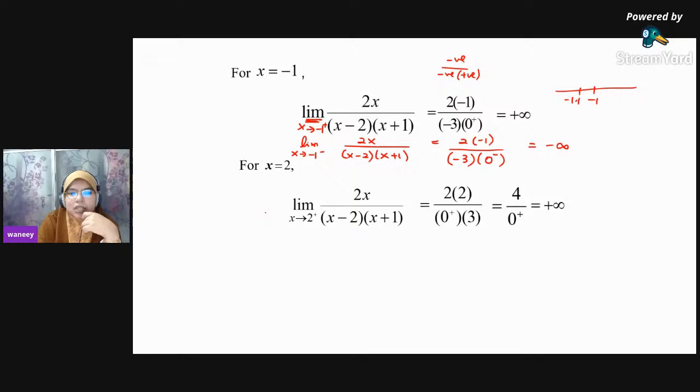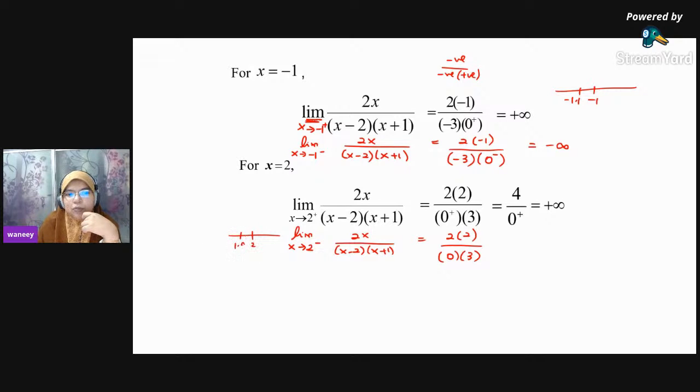And then of course another one, the limit as x approaches 2 from the left hand side of 2x over (x minus 2)(x plus 1). This is 2 times 2 over 0, and then times 3.